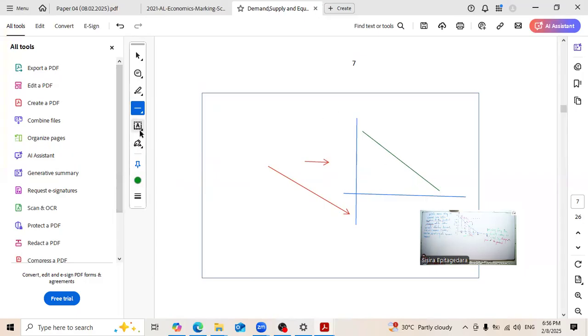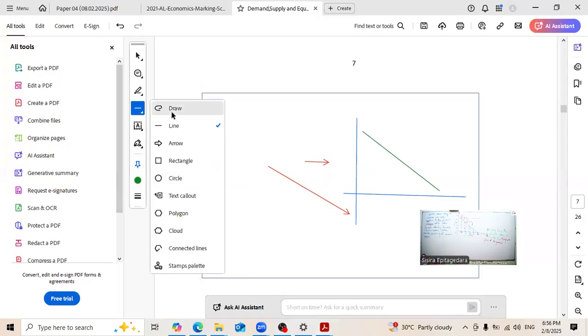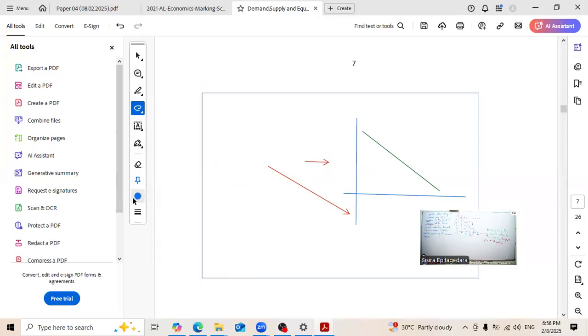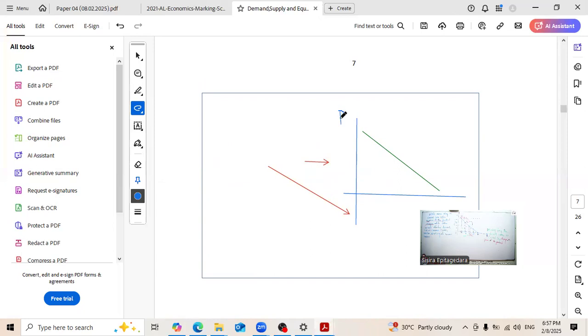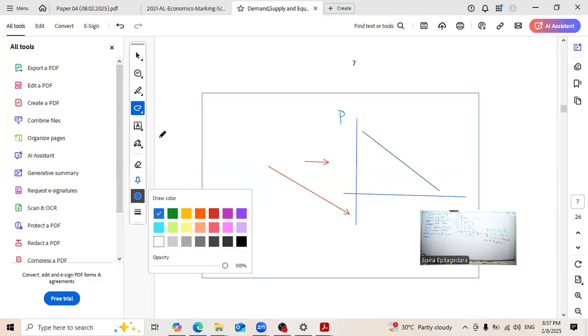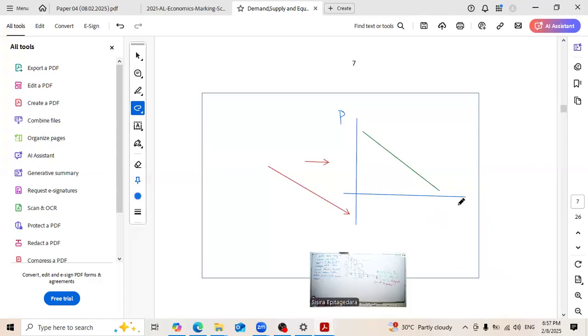Then how to mark the points? Here is the price. Here is quantity demanded, QD.